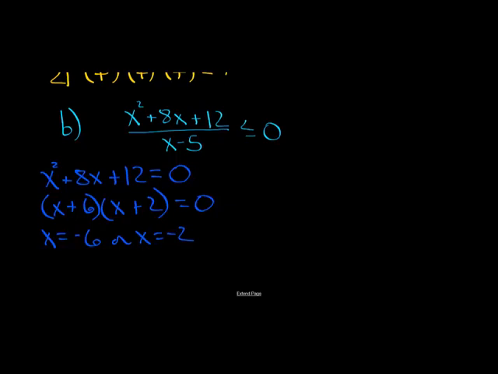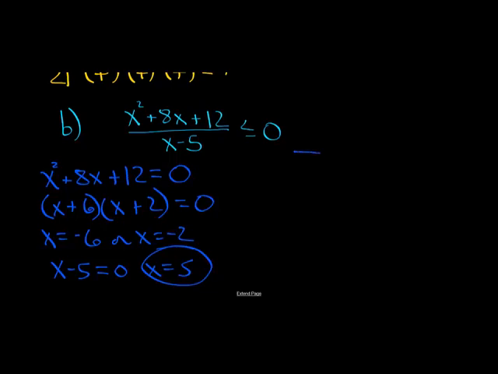Now, I also want to find the zeros of the denominator. And that gives me x equals 5. But I'm careful with this one because when I present my solution, I don't want my solution to include 5. Even though it's less than or equal to, I'm not going to include that 5.